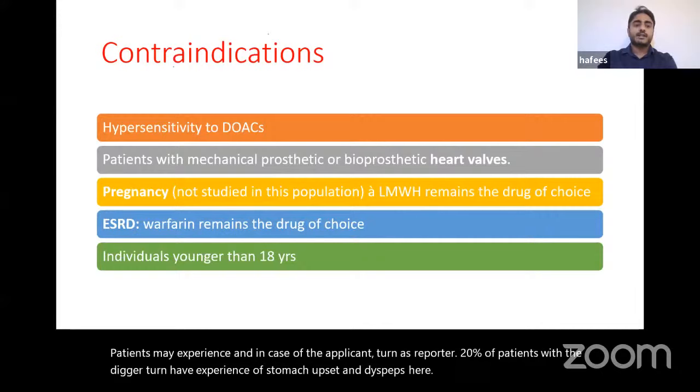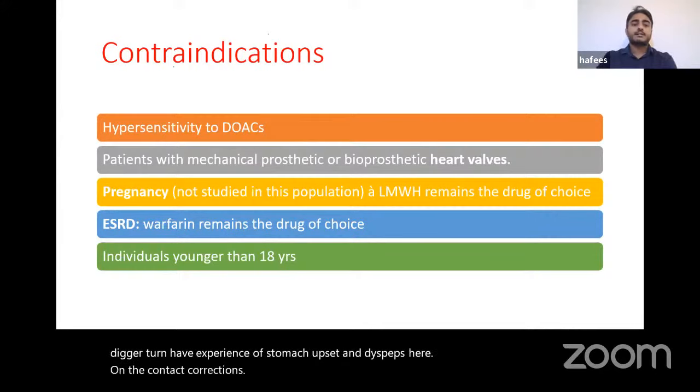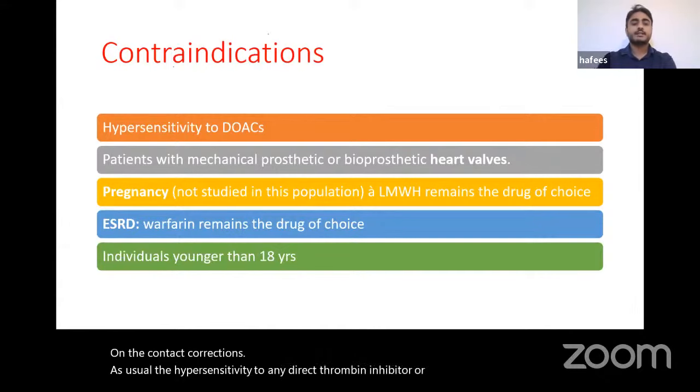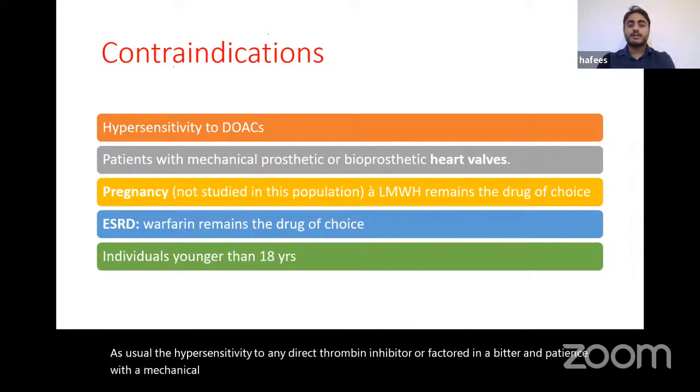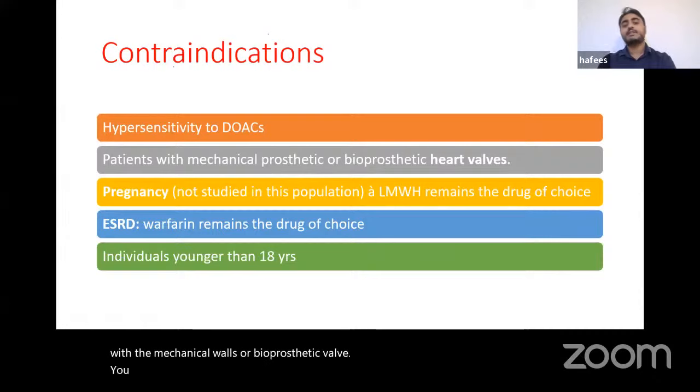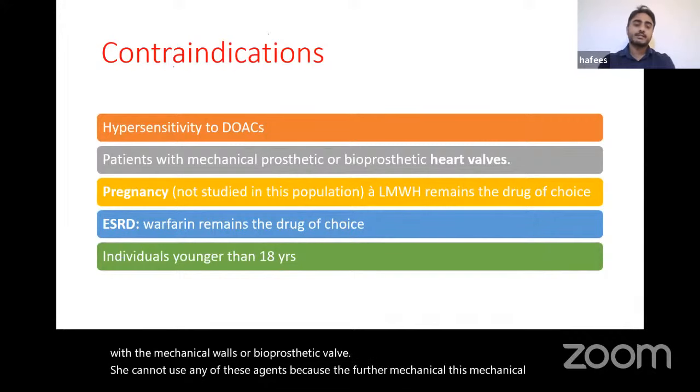And the contraindications, as usual, are hypersensitivity to any direct thrombin inhibitor or factor Xa inhibitor, and patients with mechanical valves or bioprosthetic valves, we cannot use any of these agents because for the mechanical valves, warfarin is the only choice.